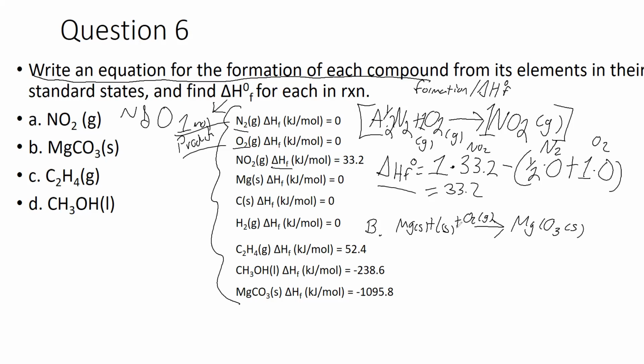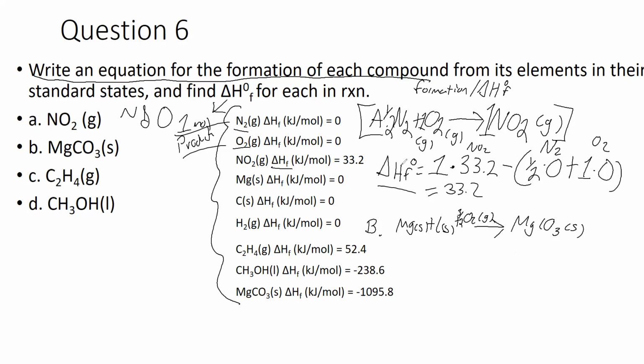It's O2 because that is the standard state of oxygen. Balancing the oxygens: 2 on the left, 3 on the right. So if I do 3/2 O2, that's 3 oxygens. So that's a balanced equation now.